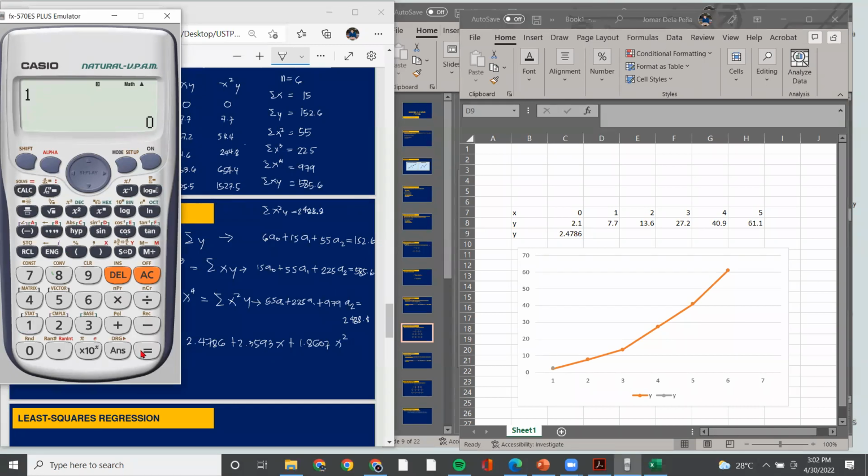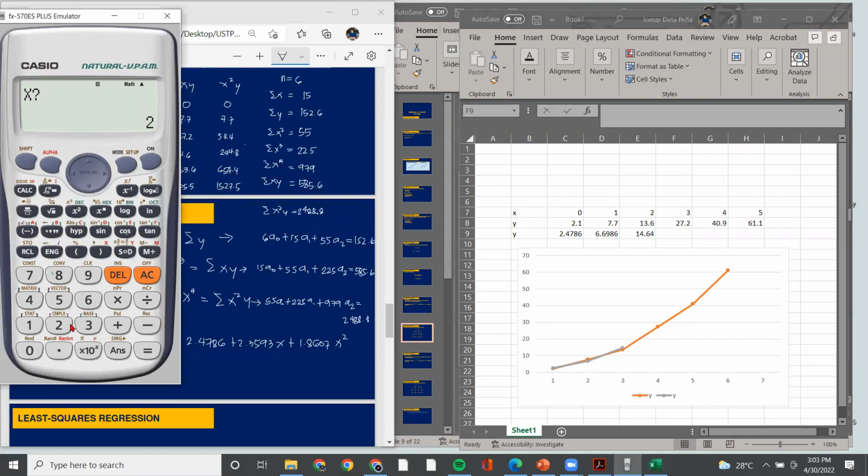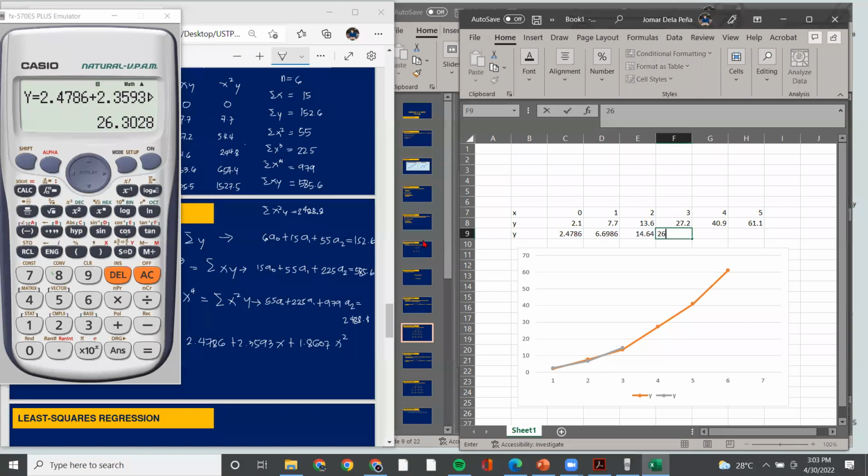Calculate 1: 6.6986. Calculate 2: we have 14.64. Calculate 3: 26.3028.